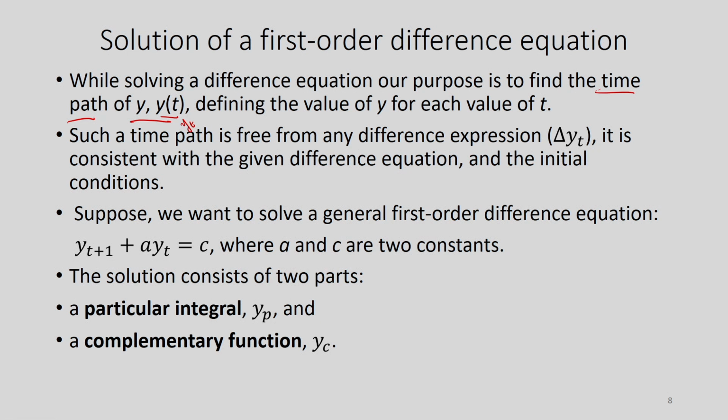It defines the value of y for each value of small t. That is what I have just said, that if I am given the value of small t from the solution, I can give the value of y, that is the variable.